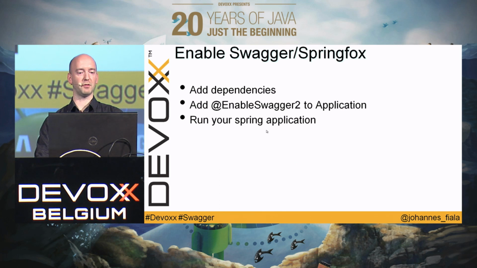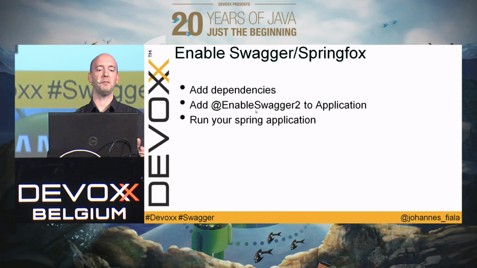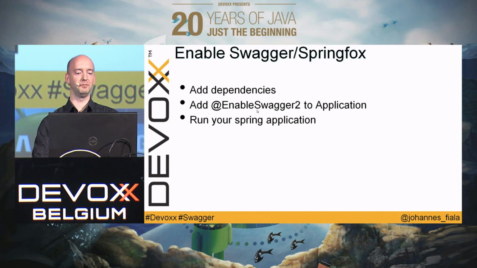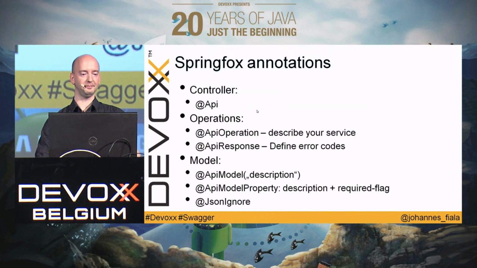Yeah, this is what we had to do to activate it. Only add the Maven dependencies and enable Swagger 2, and that's it. This is the list of the main annotations that are supported. There are more, but I picked them for a first glance.